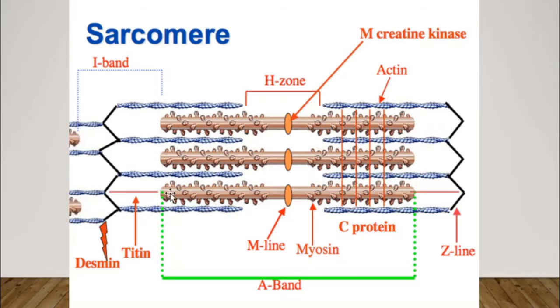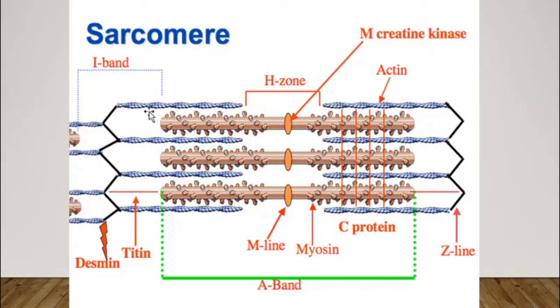If we look at the drawing further on the sarcomere, we have here different areas of the sarcomere. We have the thick filament represented by the myosin. The myosin has a head and a tail, while the actin is composed of globular proteins.